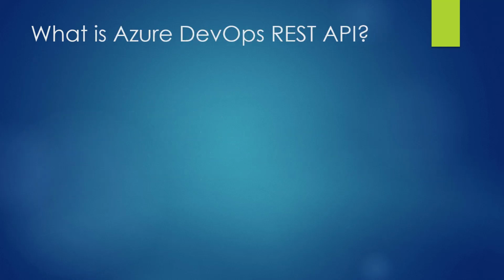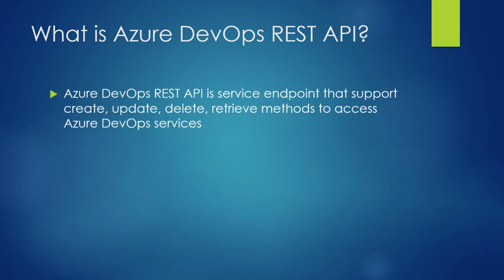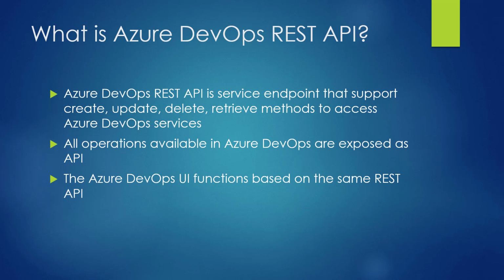Let's try to get an idea about Azure DevOps REST API. All the operations such as data retrieval and updates can be accessed via the REST API of Azure DevOps, and the web UI you see and work with is also implemented based on the same REST API.